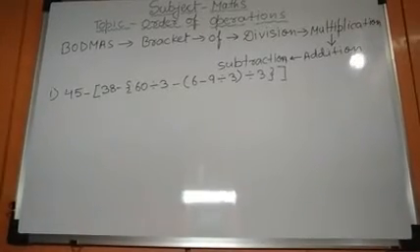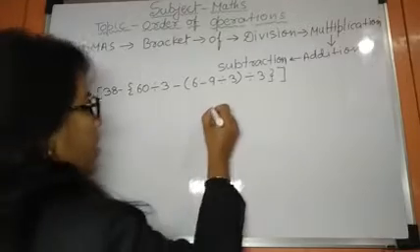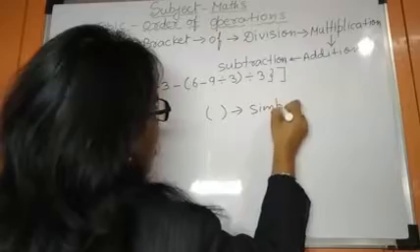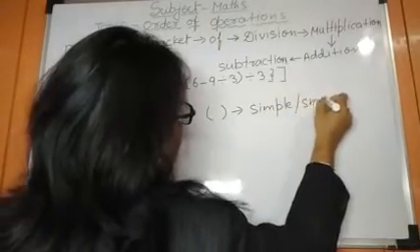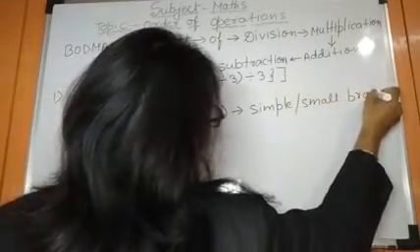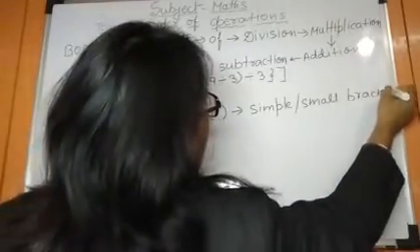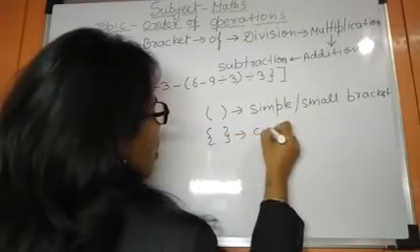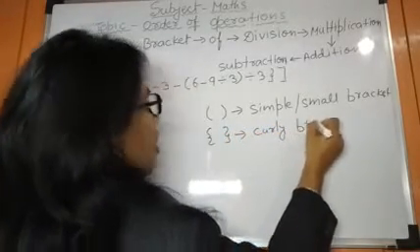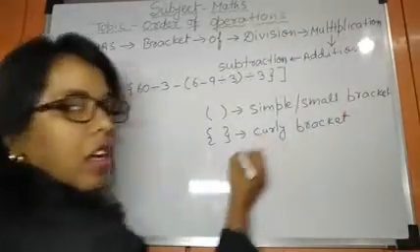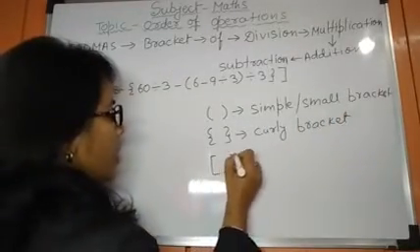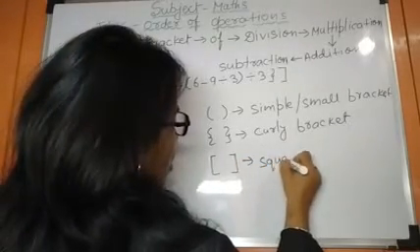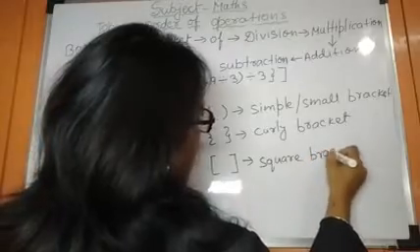Now the thing is that brackets have types. This one is called simple or small bracket. Fine. Then this one is called curly bracket, and this one is called square bracket.